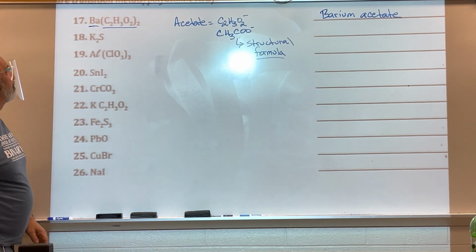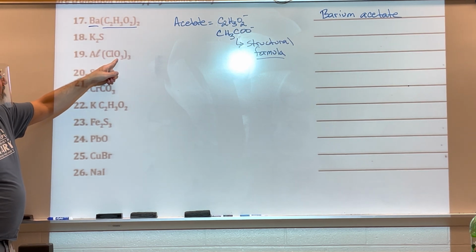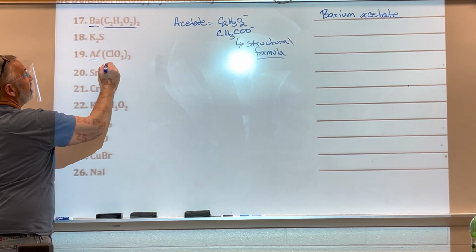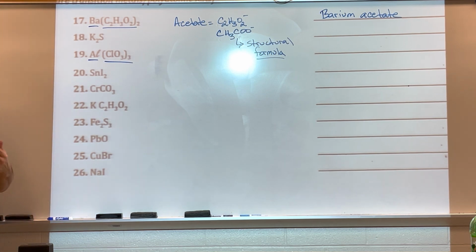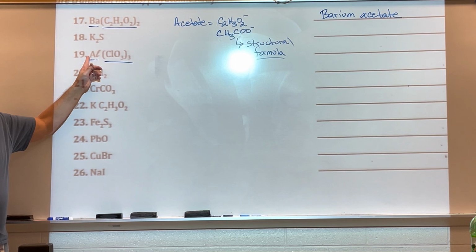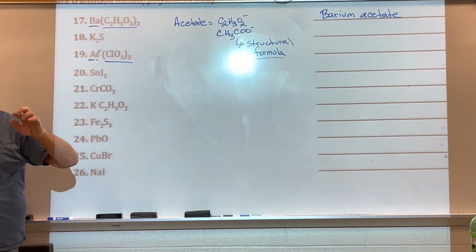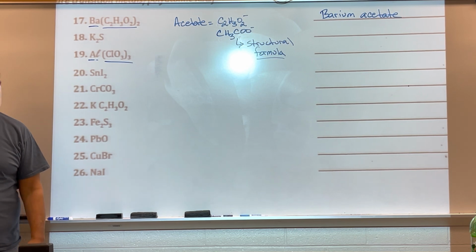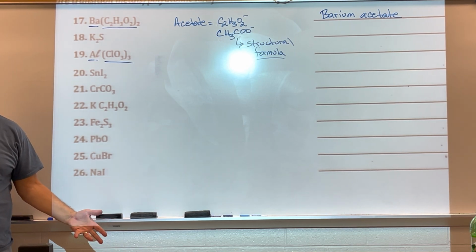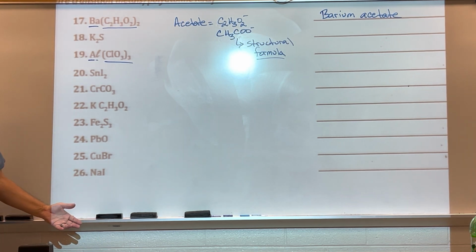Number 19. Aluminum chloride. So here's my positive thing, here's my negative thing. Is aluminum hydrogen? No, it's not an acid. Is aluminum a metal? Yes. Does aluminum have more than one oxidation state? No. So what don't you need in the name?